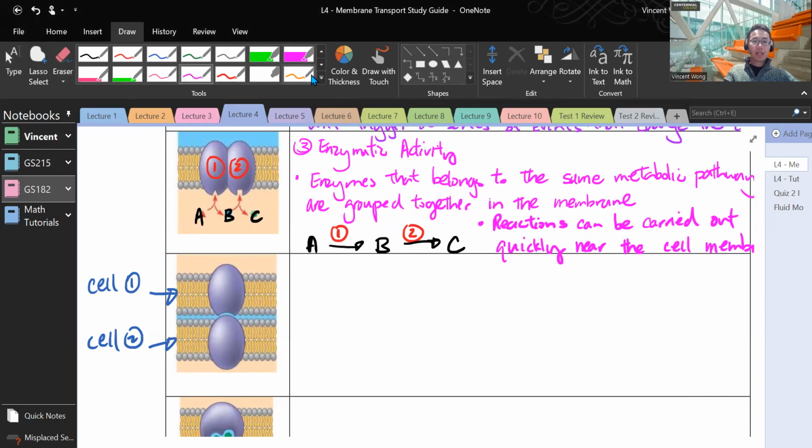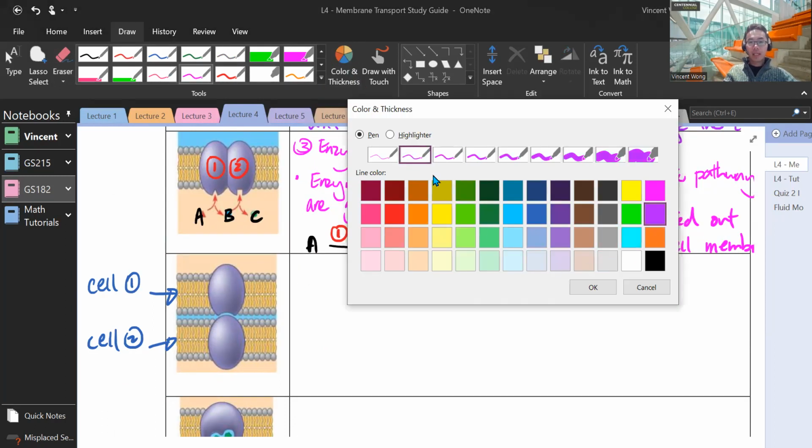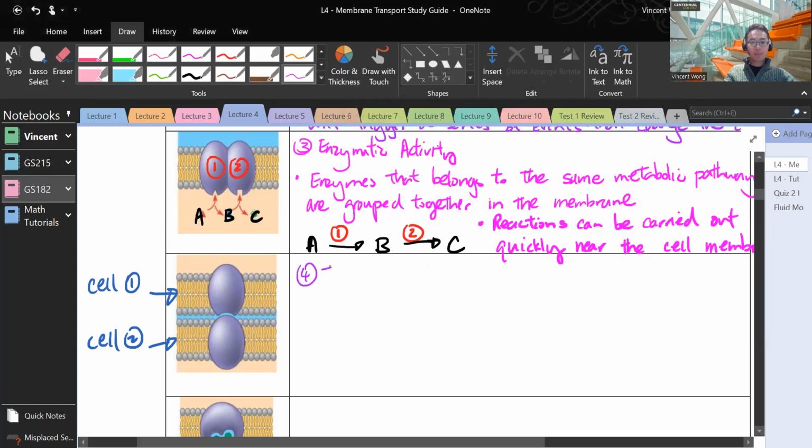Okay, so we call this intercellular junction.